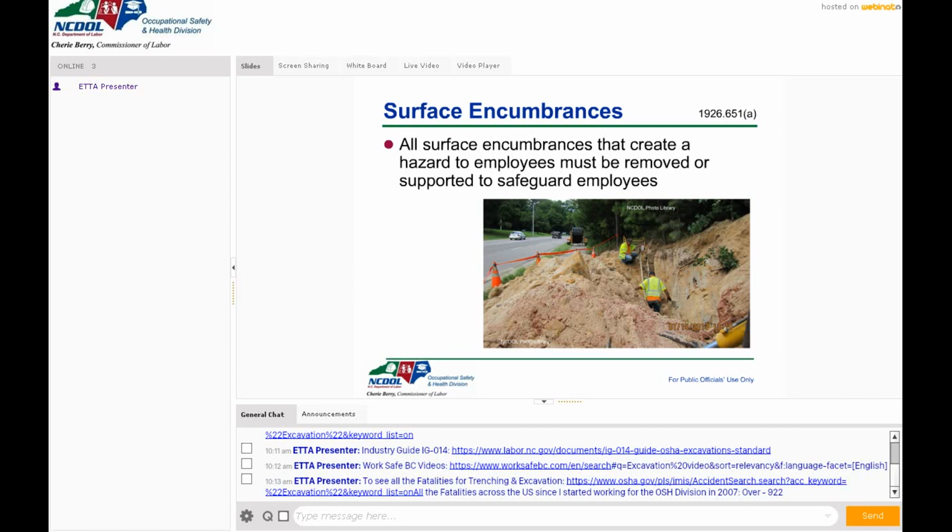You can see how tall this bank is up along here, but you also see how this is not sloped in. And then, how about this big rock right there? What's the odds of that rock rolling down there and striking the individual? Those are things you got to consider when people are in a trench or an excavation site.